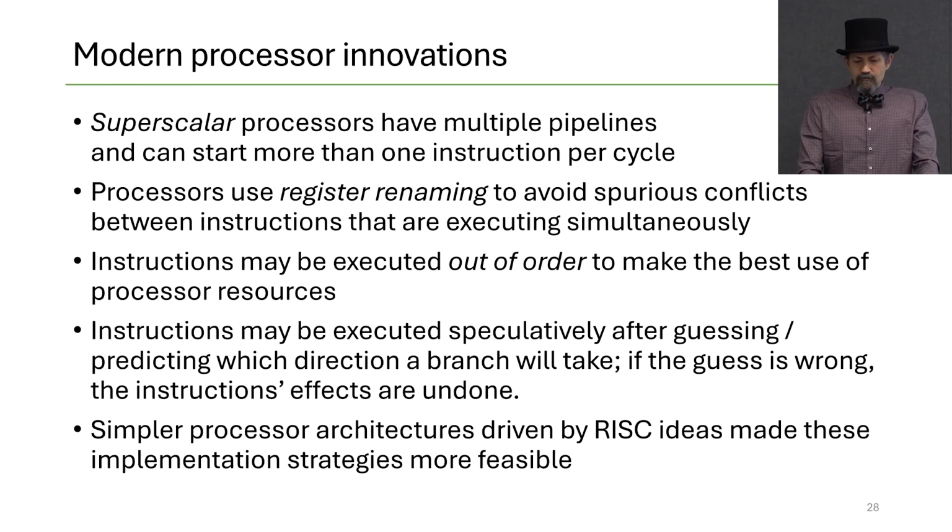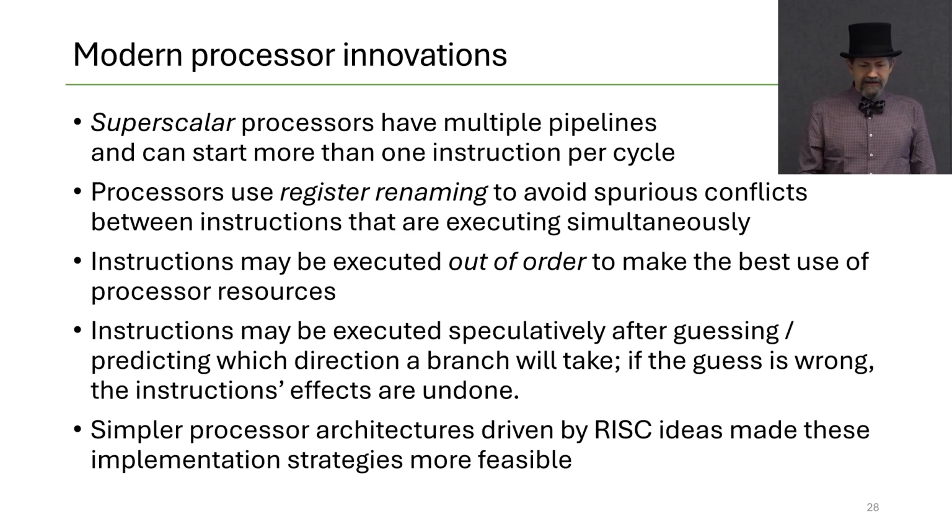Let's talk about some modern processor innovations that can help make processors compute more instructions per second. So superscalar processors can have multiple pipelines, and so they can start more than one instruction per cycle. Processors can use register renaming to avoid spurious conflicts between instructions that are executing simultaneously.